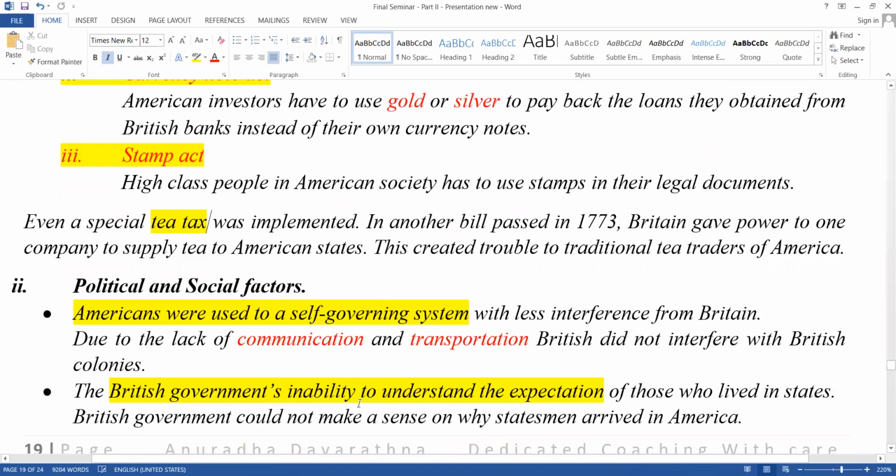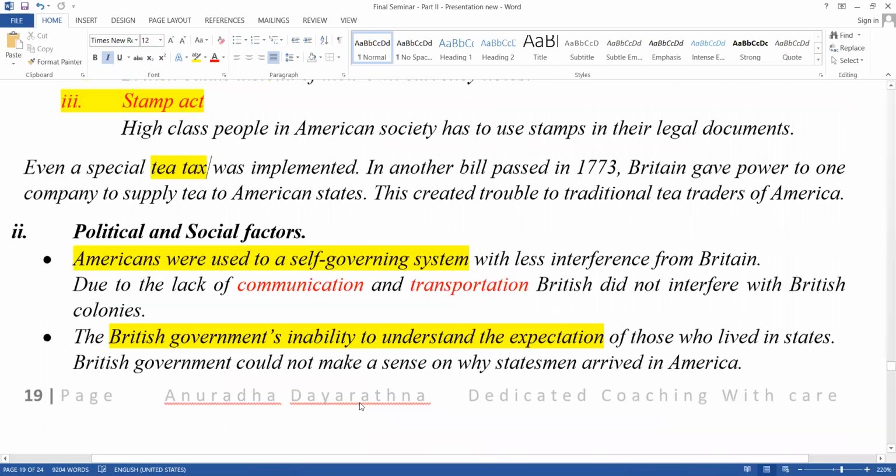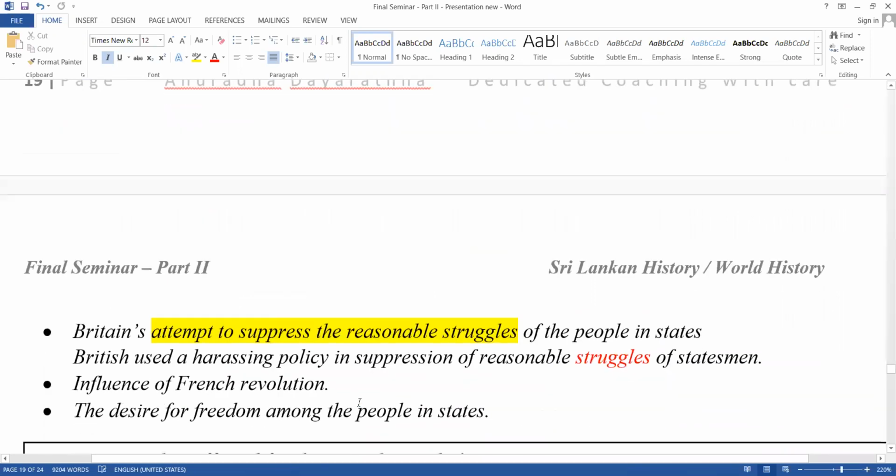And even the British government's inability to understand the expectations of the people. American people wanted freedom. That's why they went to a far away place and established their settlements. So they did not like their motherland's interference. An attempt to suppress reasonable struggles.